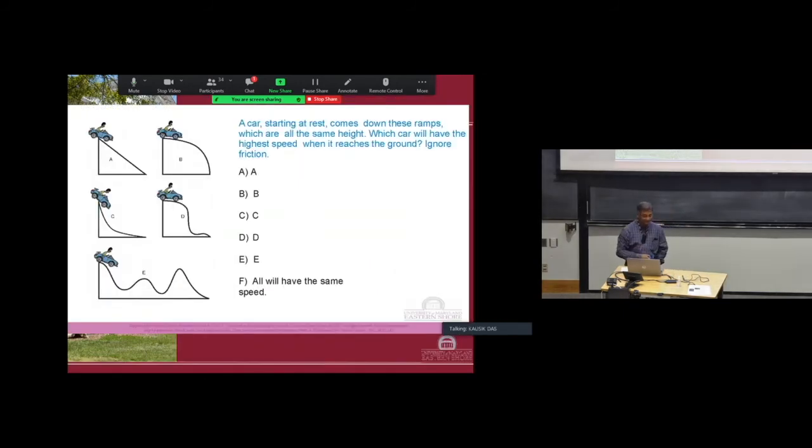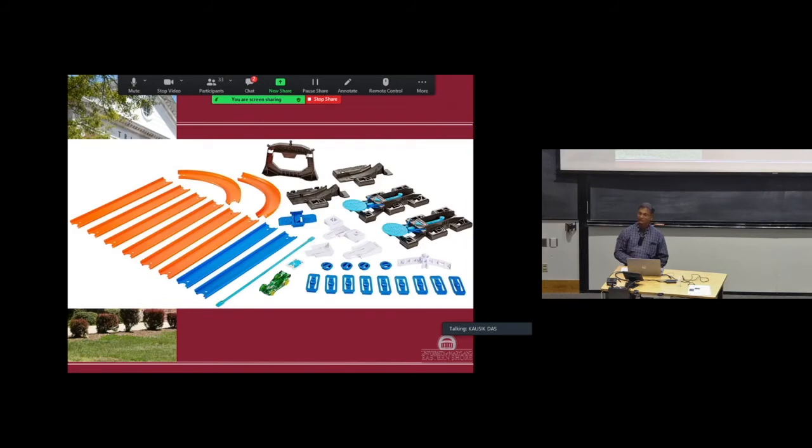Or this question: when I don't give the hints, if I don't say to use the conservation of energy principle, there is a similar distribution. And then they say, I don't believe you, that all the cars will come down at the same speed. Well, you create your own experiment using the Hot Wheels.